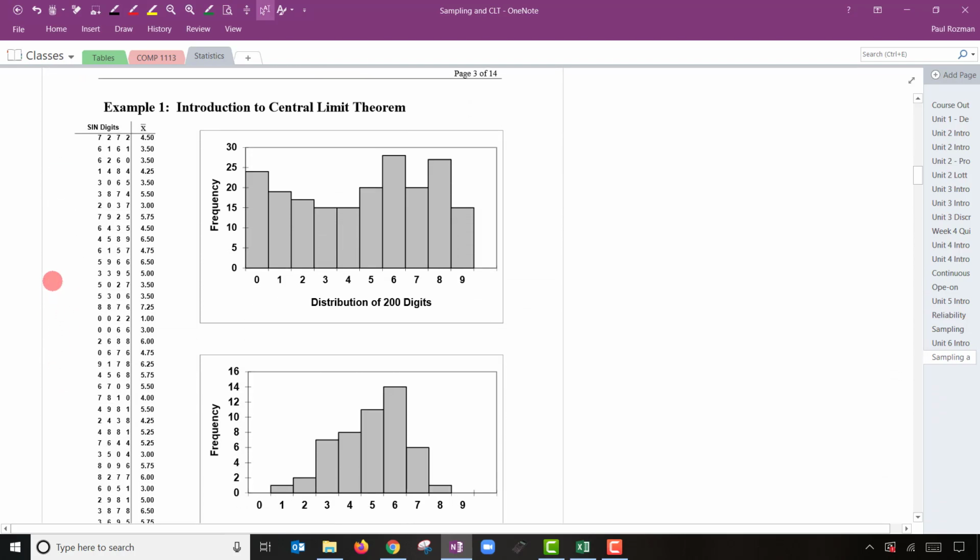I get a hold of 50 friends on Facebook and I say, hello friends, could you guys all send me your social insurance numbers? And 50 people all agree, but they're afraid, so they only send me the last 4 digits. It turns out the last 4 digits of your social insurance number are essentially random.